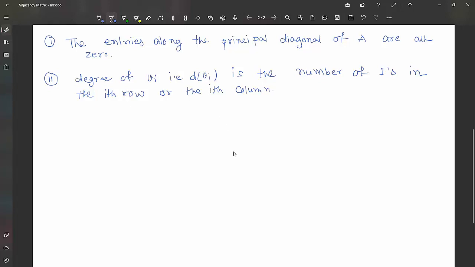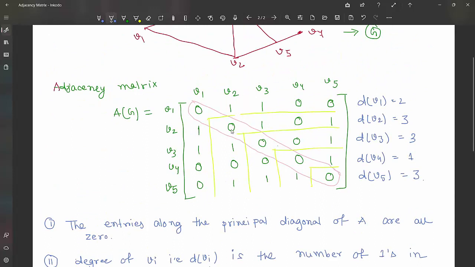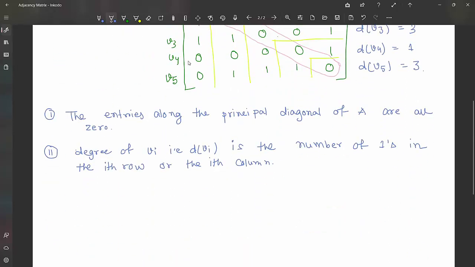And you can also do it this way: if you take the product of these two matrices, then at the diagonal you will get some values. This also represents the degree of this vi.